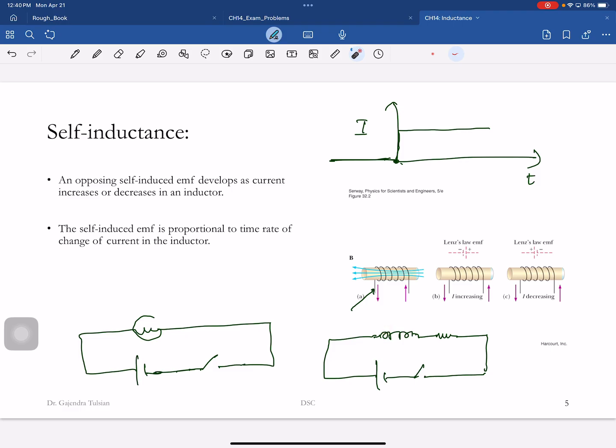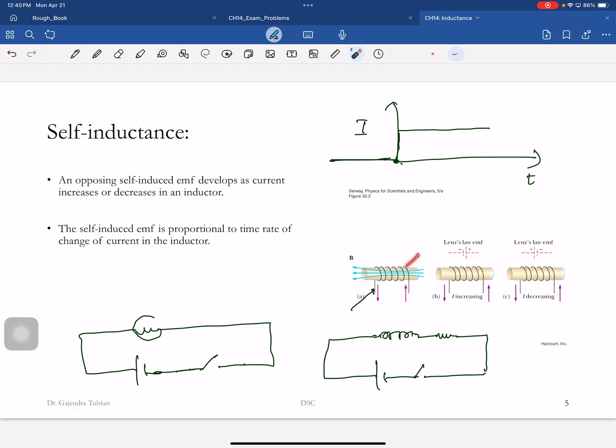Now, if I close the switch, it's the same wire. Instead of having it straight, now I took the wire and wound it up around the cylinder. Do you think the current should behave exactly the same way? It's the same wire. I mean, you guys are all college educated. Should we behave the same way, right?